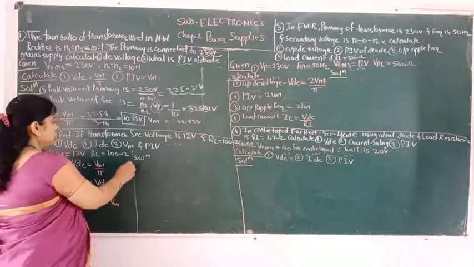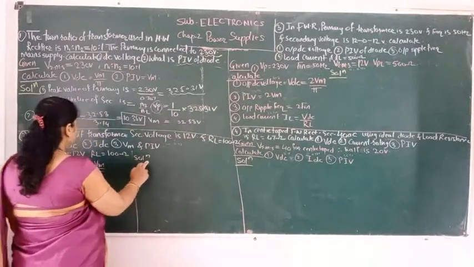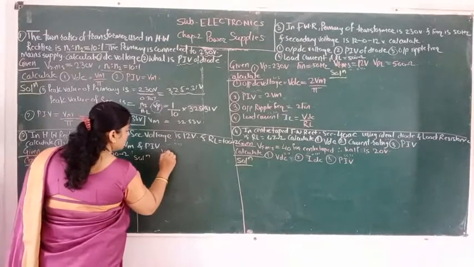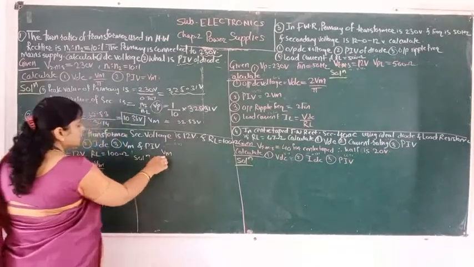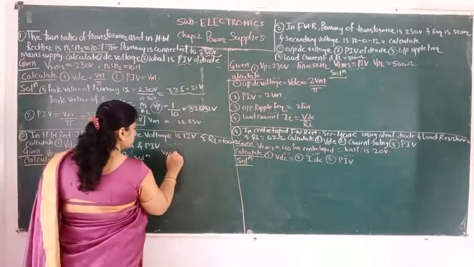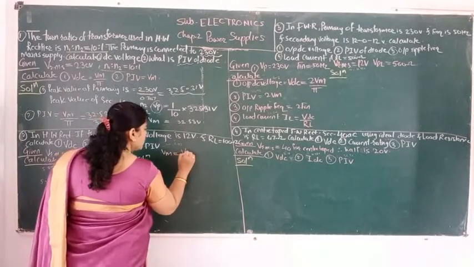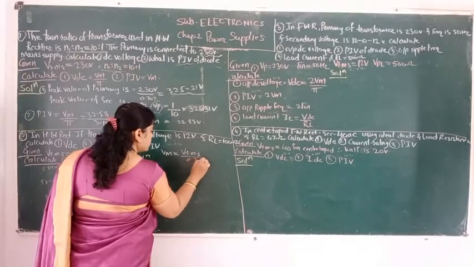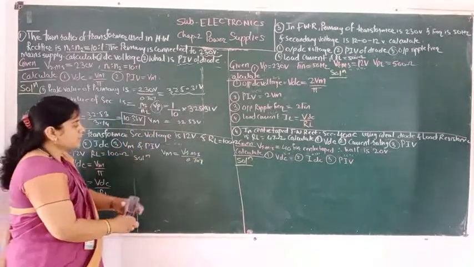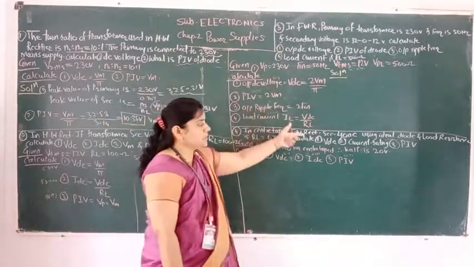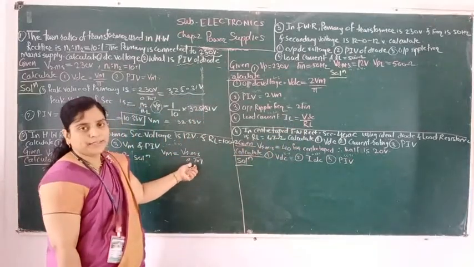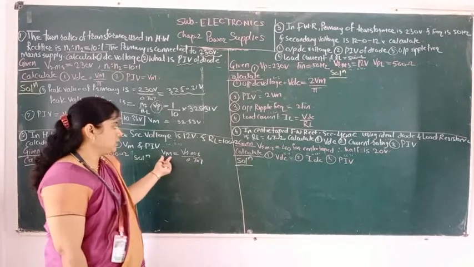Okay. So first in this solution, we will see the value of VM. How can we calculate VM? VM is nothing but VRMS divided by 0.707. Everywhere whenever VRMS is given, you just divide it by 0.707, then you will get the value of this VM.